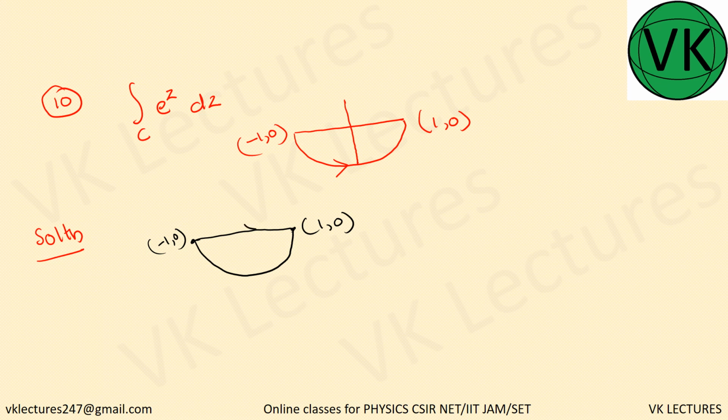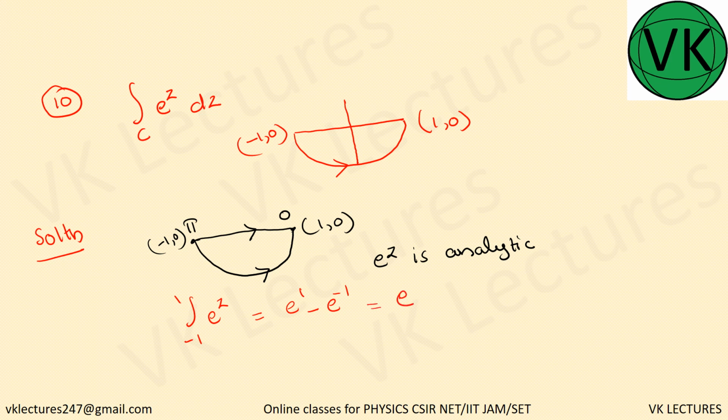So from here to here and here to here, this is 0 to pi. So hence e raised to z is analytic. We can write integral from minus 1 to 1 of e raised to z is equal to e raised to 1 minus e raised to minus 1, that is equal to e minus 1 by e, that is equal to e square minus 1.